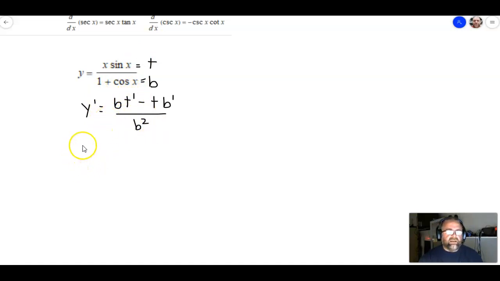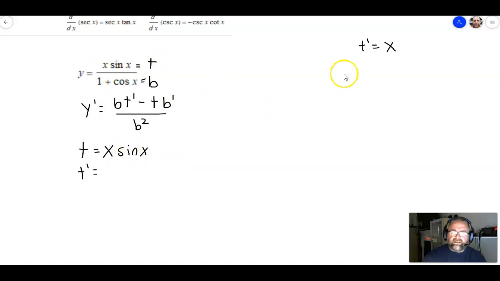All right, so let's see how we're going to do this. We know that the top is equal to x sine of x, and the derivative of the top is the derivative of a product, so we have to apply the product rule, which I'm going to do off to the side. T prime is equal to the first times the derivative of the second, the derivative of sine, which is cosine of x.